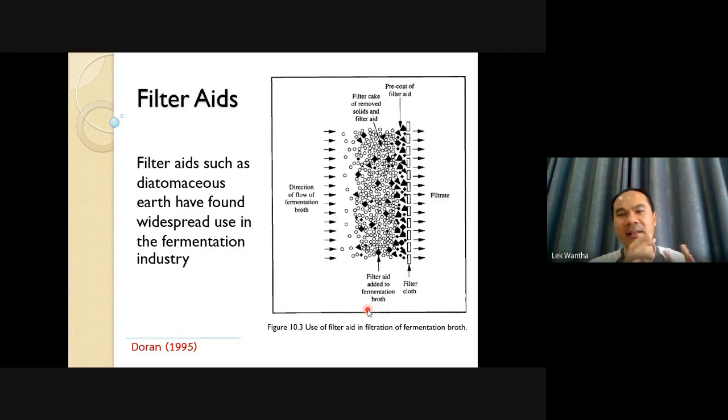But in this case, there are some problems. If a lot of solid deposits at the surface of the filter media, the filtration efficiency will drop because there are solids in the holes, and then filtration cannot be done because there is no hole for the liquid to pass through. The technique to improve the filtration is to add some filter aid.